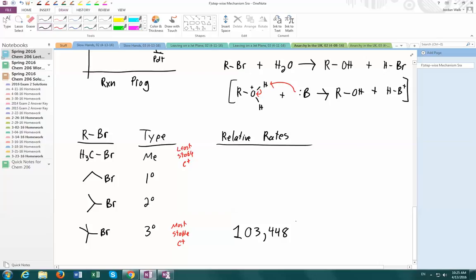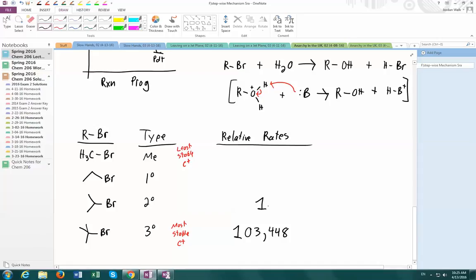Okay, and then for our secondary, we find that it's 1. And so what we're seeing here is that an SN1 reaction is highly favorable in cases where we have a tertiary alkyl bromide, because we're going to be going through an incredibly stable tertiary carbocation. But once we start decreasing the substitution of our carbocation, we're becoming much less stable, and so it's going to be a much slower reaction.